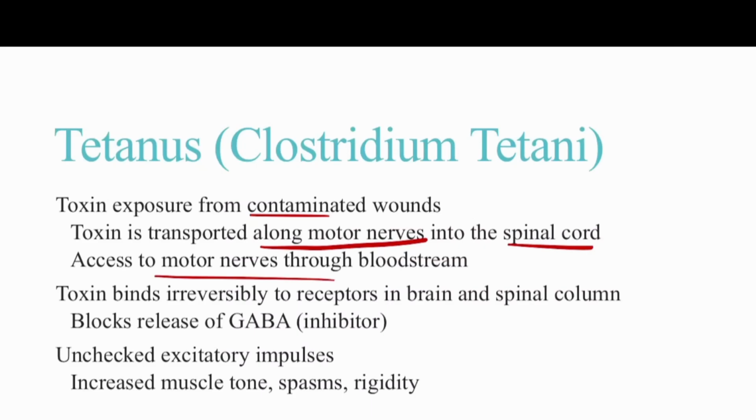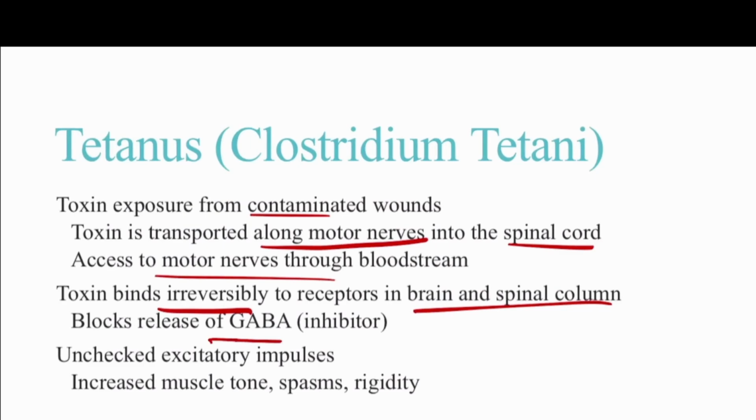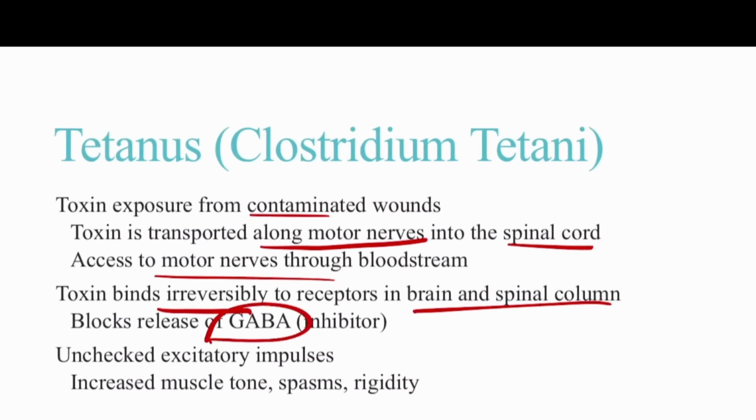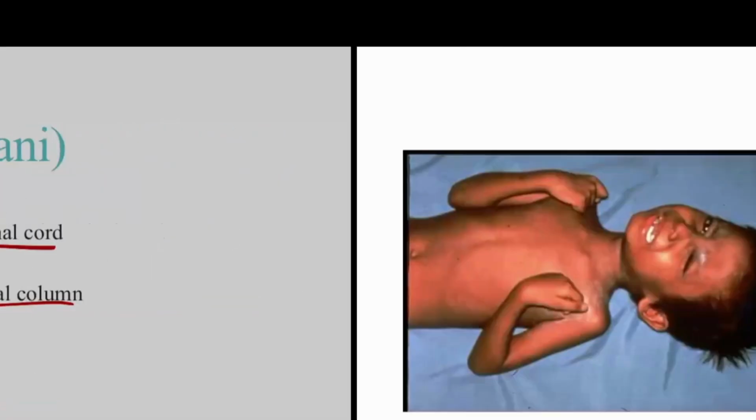Toxin is going to bind irreversibly to receptors in the brain and spinal cord, and it blocks the release of GABA. So that's why you have tetany. You can't relax because you've blocked the GABA, which is our inhibitory neurotransmitter, so nothing can shut it off. They get unchecked excitatory impulses, increased muscle tone, spasms, and rigidity.